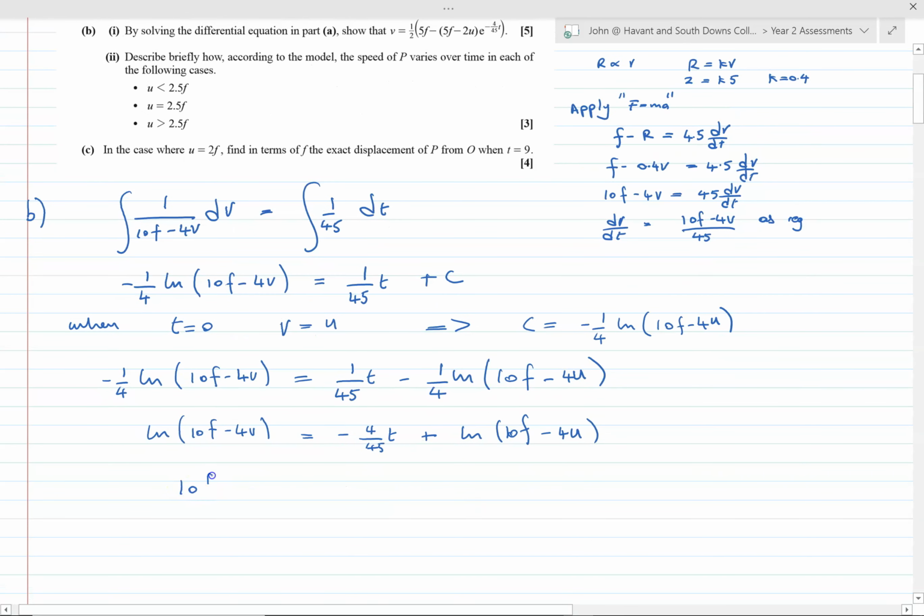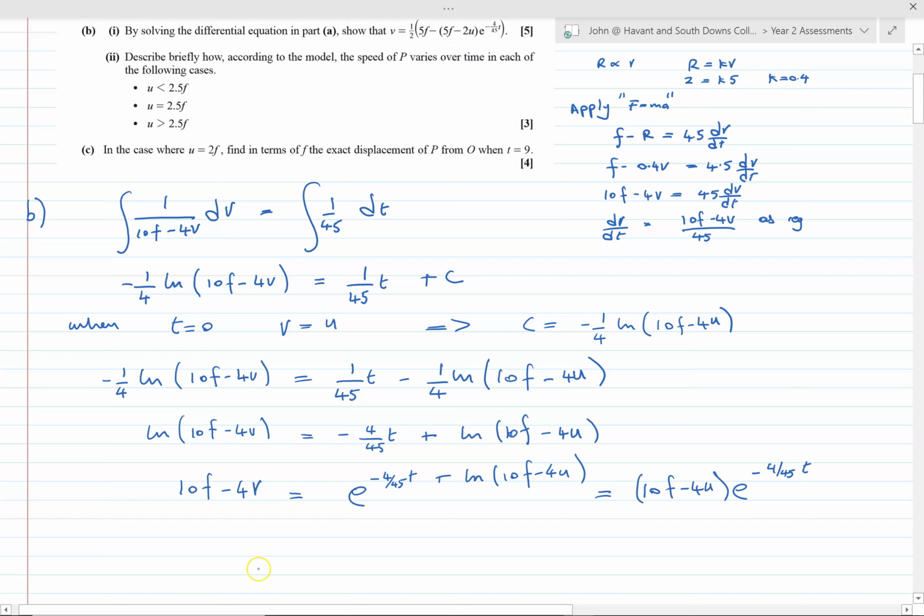So we've got 10f minus 4v is equal to e to the minus 4 over 45 t plus ln 10f minus 4u. So that's obviously equal to 10f minus 4u bracketed times by e to the minus 4 over 45 t. So we can begin to see we're getting close to this answer here.